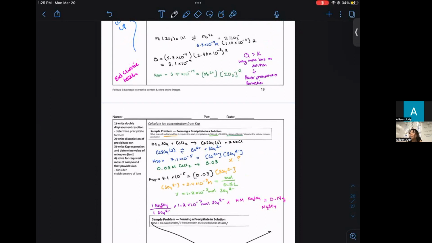So it's just additional steps that are annoying. But once you get to the point where you're using the K expression, it's the same as any other problem. In a sense it's less work, because you're not using the ice table at this point. Now you're just using your generic stoichiometric ratios. Okay.